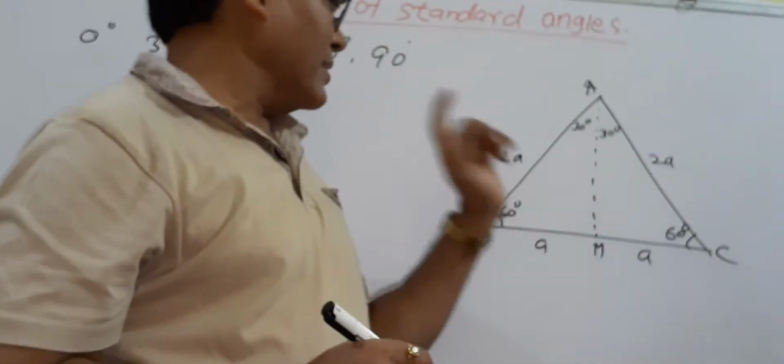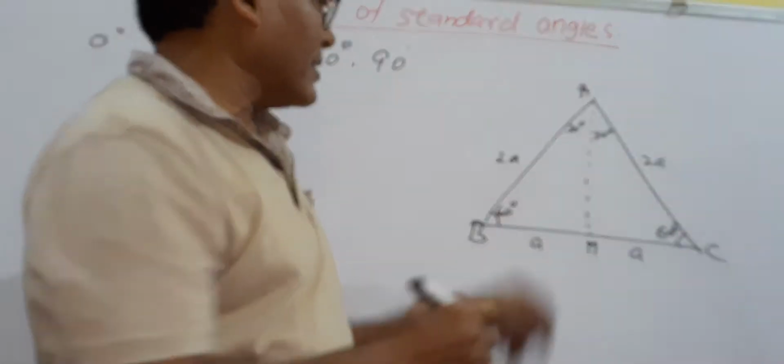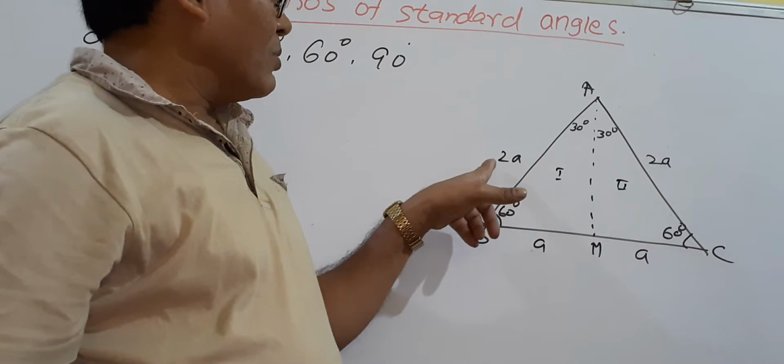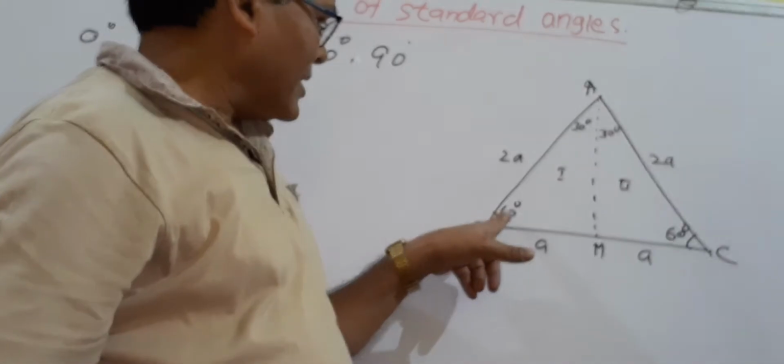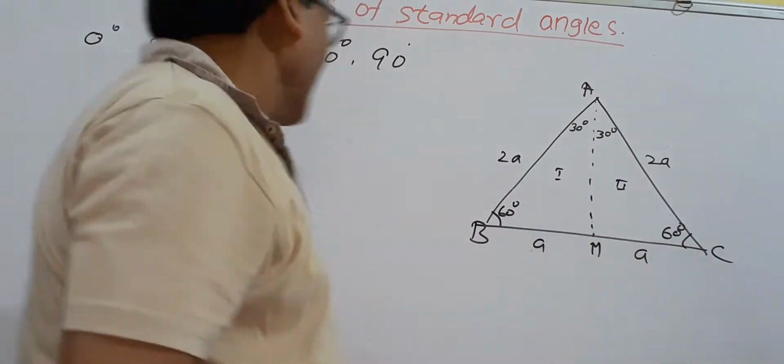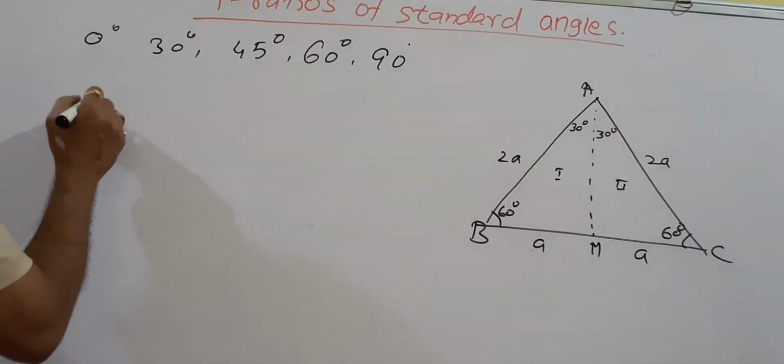Any triangle you can consider now. Suppose for this triangle we are discussing part 1. Hypotenuse is 2A. For 60 degree, A is the base and AM is the perpendicular. For angle 30 degree, AM is the base and BM is the perpendicular. Now we have to find AM.